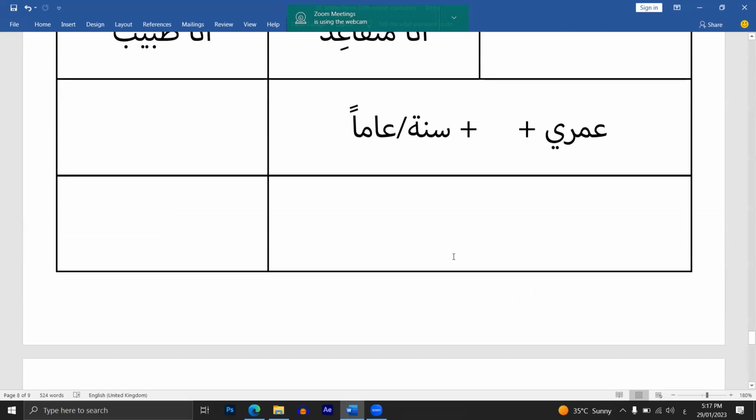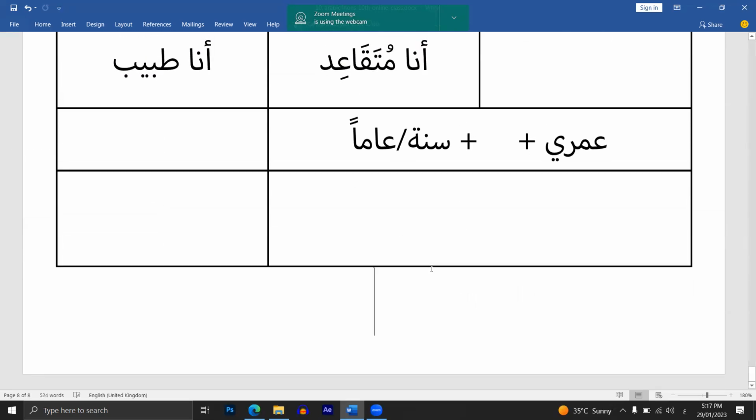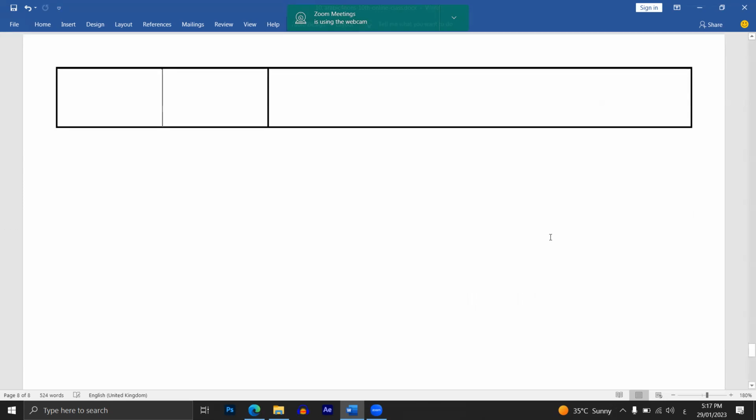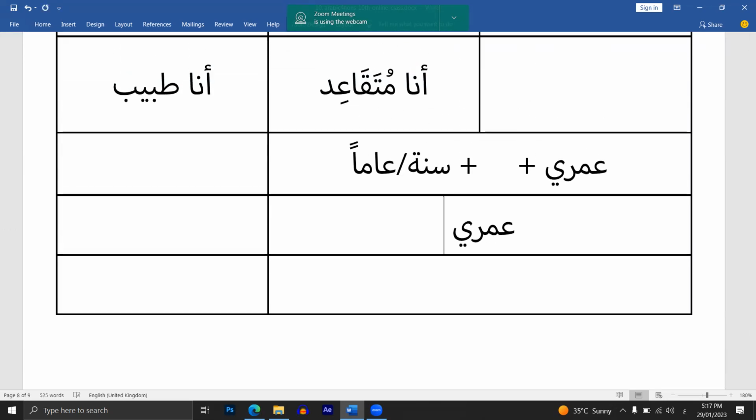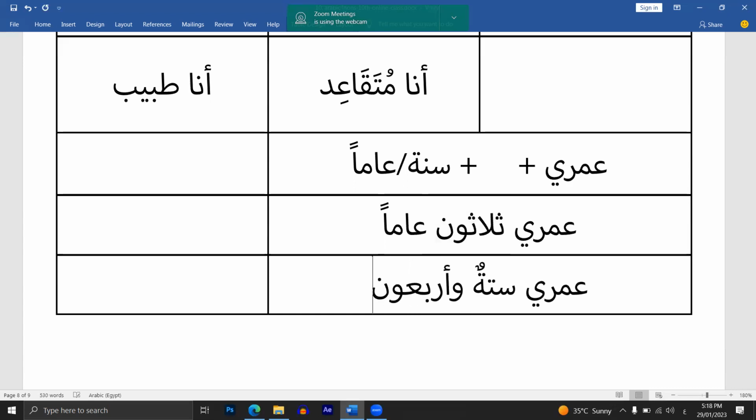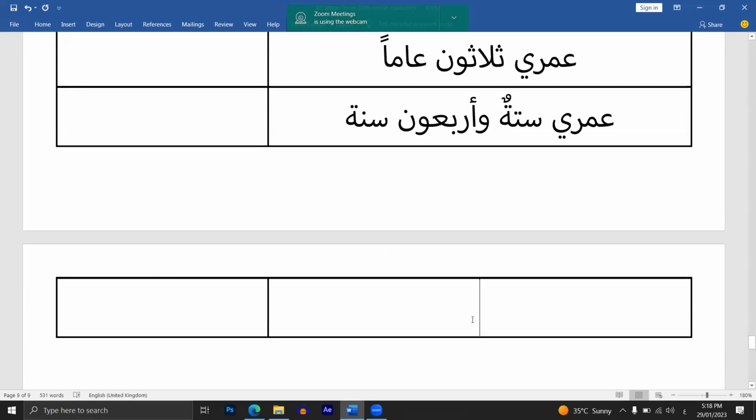So here are some examples. عمري 30 عاما. 30 means 30. عمري 46 سنة. My age is 46. عمري 24 سنة. 24. Okay, and so on.